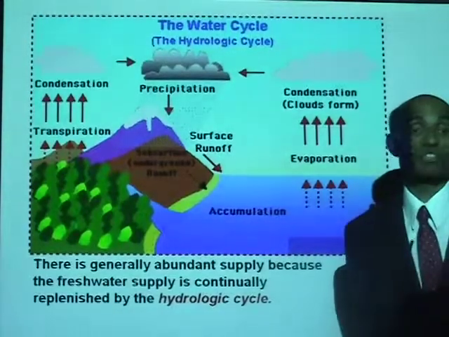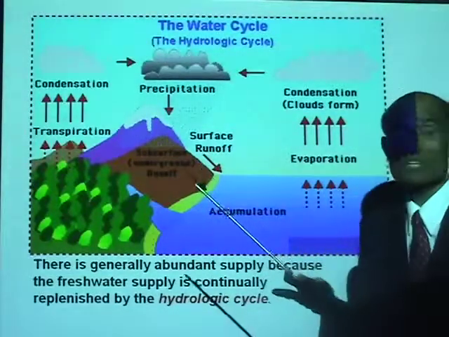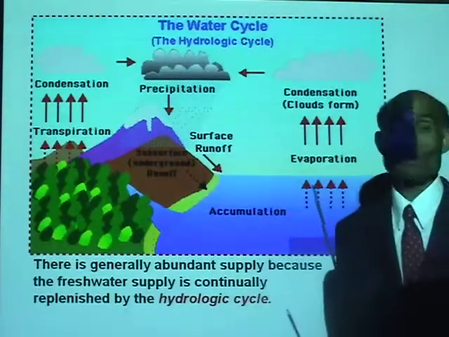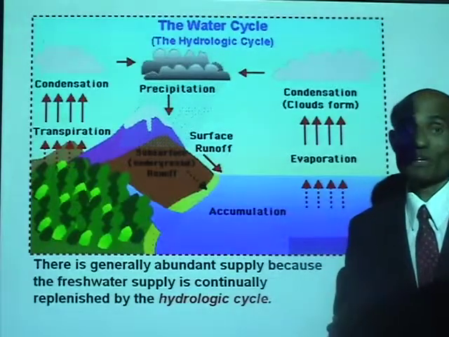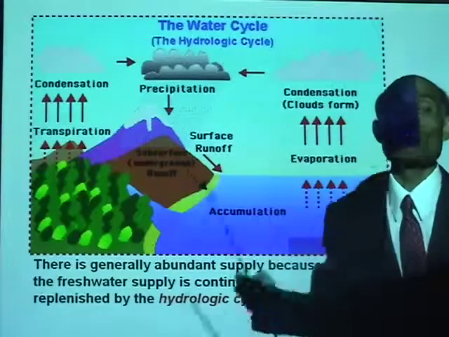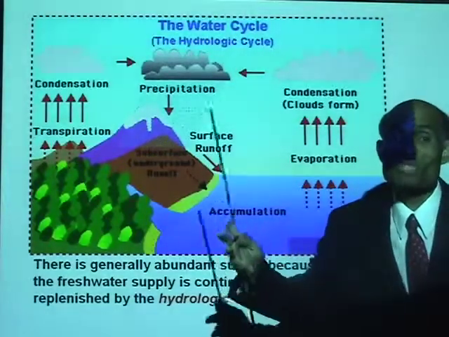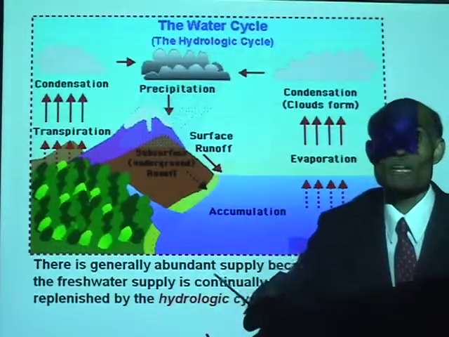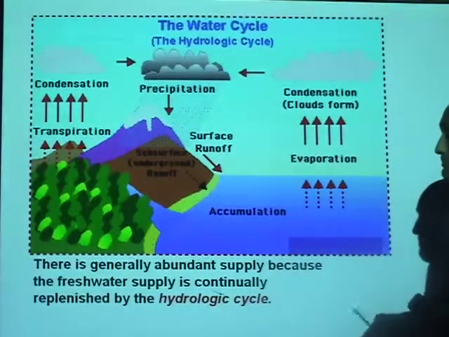Now, we should be concerned once that rate of replenishment is slowed down. Now, when will that happen? When we don't have enough rains, is that right? Now, this year, Florida did not receive as much rain as we normally receive. That means we are actually using up more water than the supply gets replenished. And there is a danger that we might run out of water.